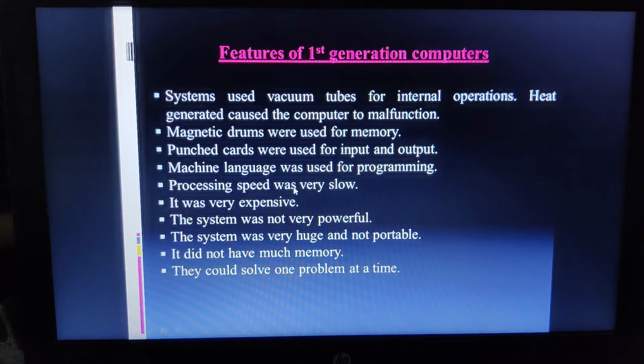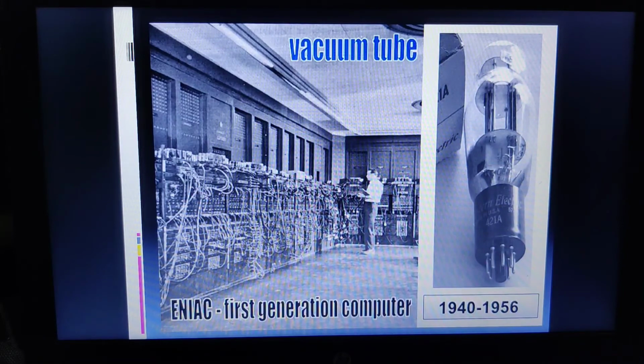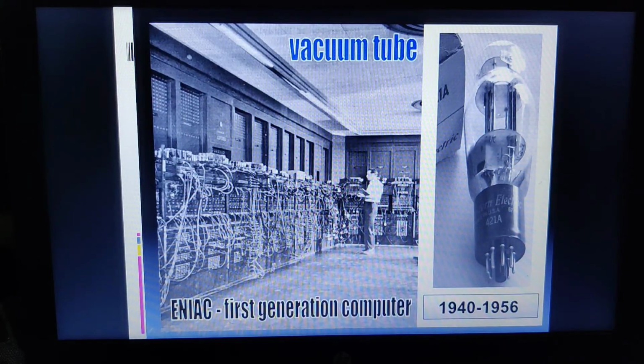In that, what are the unique features of the ENIAC computer system? ENIAC was using a huge amount of vacuum tubes and very long wires. Around 2000 vacuum tubes it was using, and around 18,000 kilometers of wires for the construction of the ENIAC computer system.